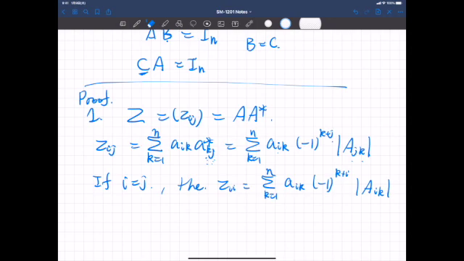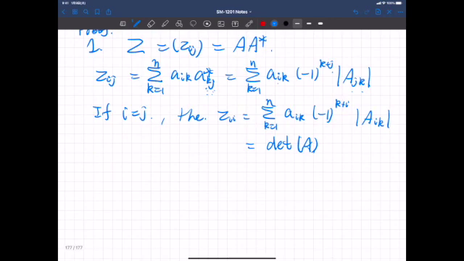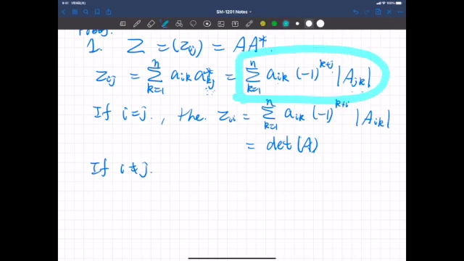But this is the definition of the determinant of A, right? So this is the determinant of A. Okay, so that's fine. And if i is not equal to j, then this is a determinant of some matrix which is not exactly A. But what is that matrix?